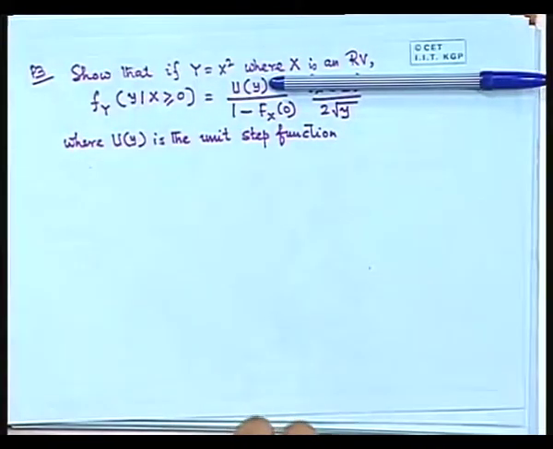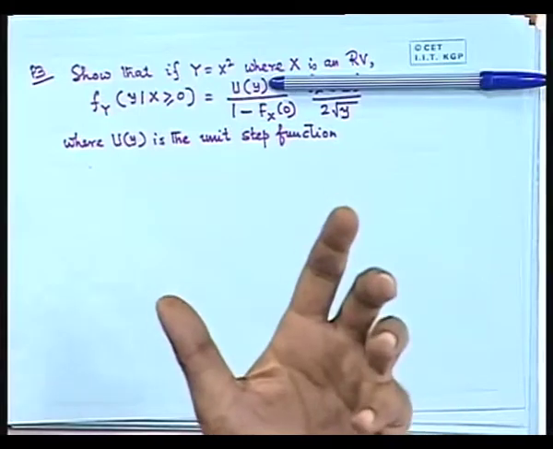Because y cannot be negative. When you define y as x square, there is no question of getting a negative y for real x. Correct? So therefore the probability density of y must be 0 for all y less than 0. That is immediately achieved when you have u(y). So you write it only for positive values of y without indicating as such, and then you put this u(y).